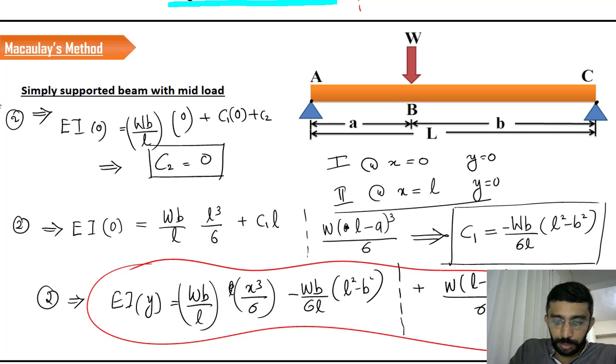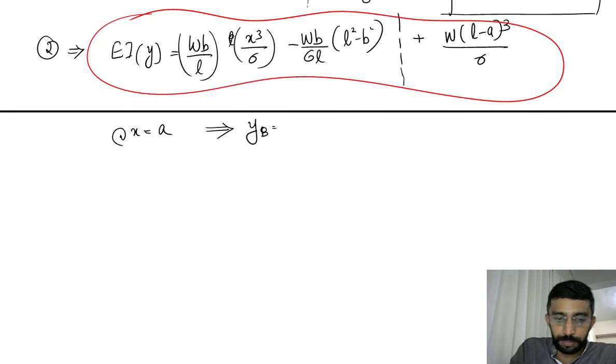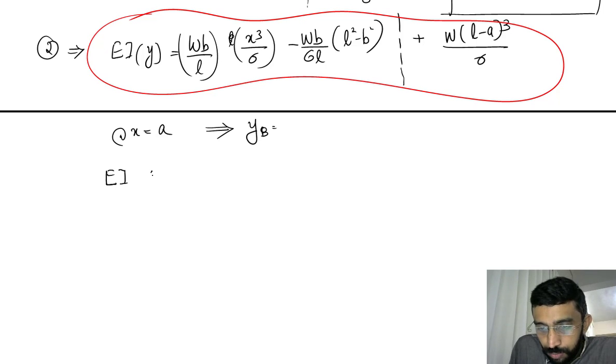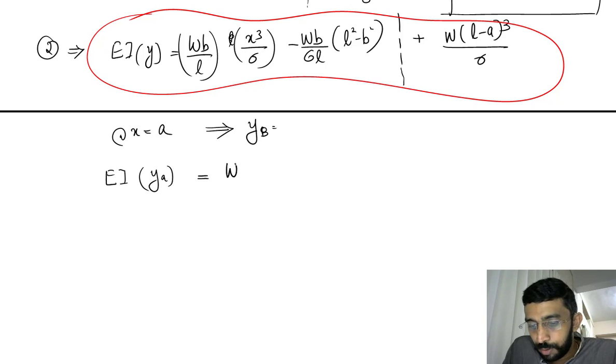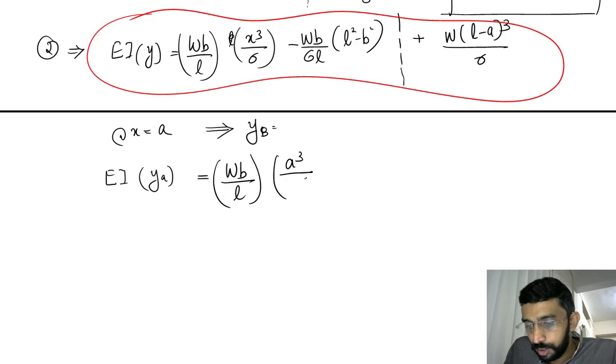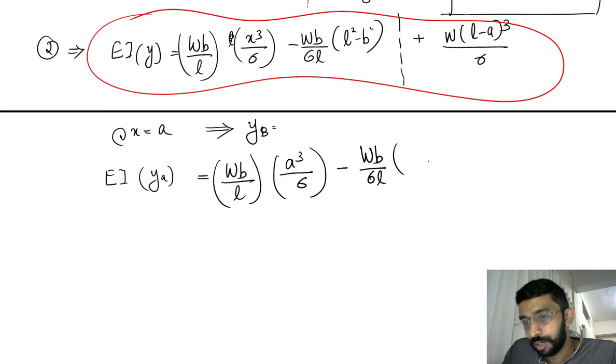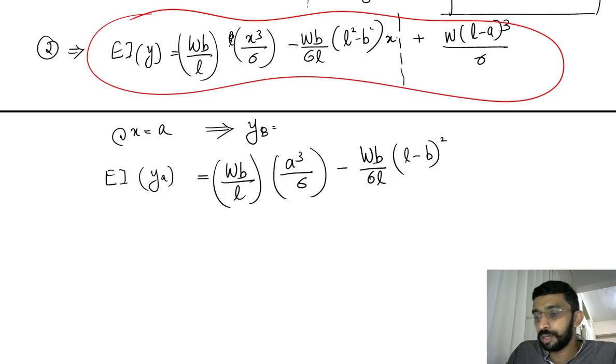You take only this first step, and you substitute the value. It is going to be EI into Y of A equal to WB by L into x, which is A cube by 6, minus W into B by 6L divided by L minus B the whole square. There was an x here, right?